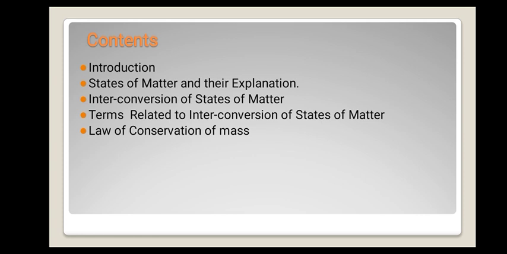The second topic is states of matter and their explanation. The third one is interconversion of states of matter. The fourth one is terms related to interconversion of states of matter. And the last one is law of conservation of mass.